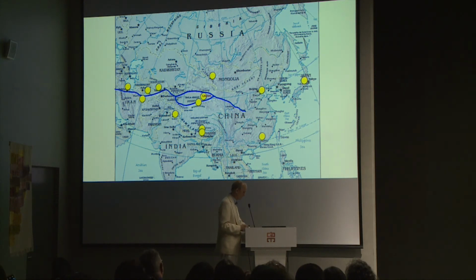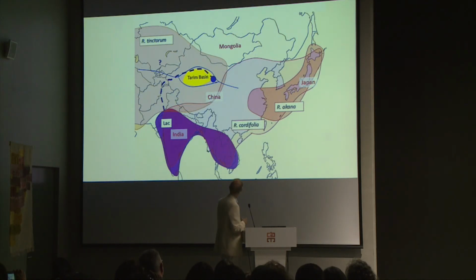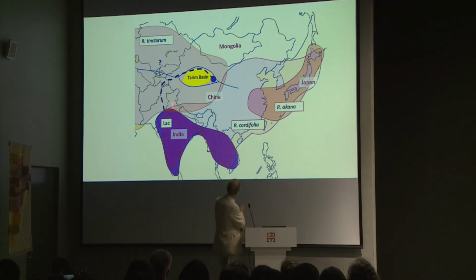We don't know for sure, but our guess is, because lac insects grow down in more tropical regions, it was probably imported along here, because this is the Silk Road that goes this way, this one version of it, but there was also a branch that went down south to India, so it may have been brought up through here.